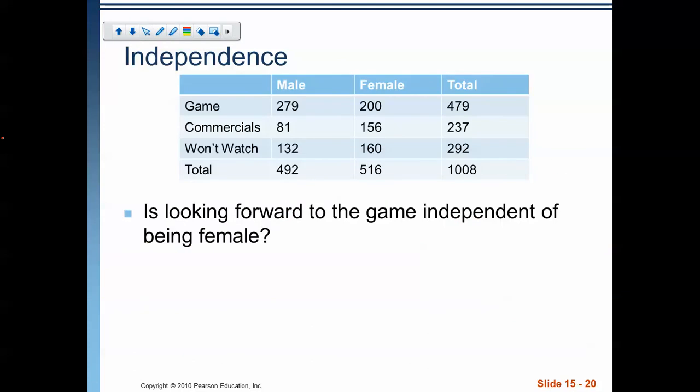Okay. I don't want to do this problem. Is this one on your notes? None of the stuff on independence is on your notes? It's the stuff on independence. What's that?